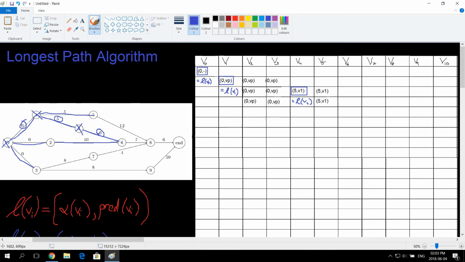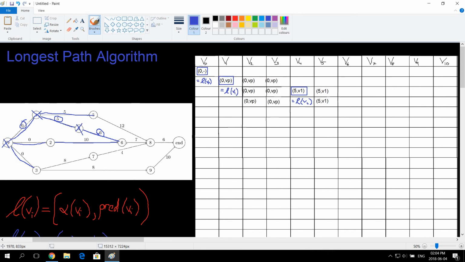Now to get to V6 it's 11, and if we want to get to V8, and let's say this was our only path, it would be 7 plus 11, which is 18, and then plus 6, and so forth. And for this one, for example, if we went down here to V8, it would be 5 plus 12, which is 17, to get to V8 from V5. But look here, this is the same scenario.